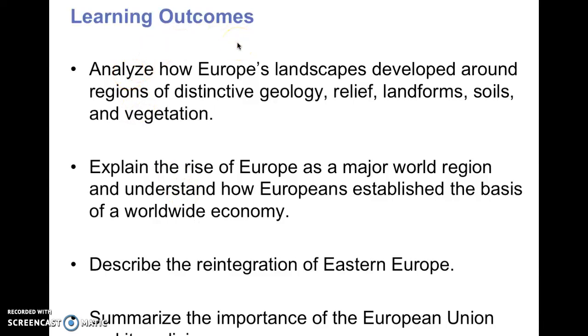We're going to analyze how Europe's landscapes develop around regions of distinctive geology, relief, landforms, soils, and vegetation. We're going to explain the rise of Europe as a major world region and understand how Europeans established the basis of the worldwide economy.